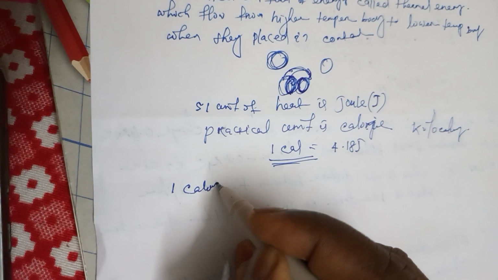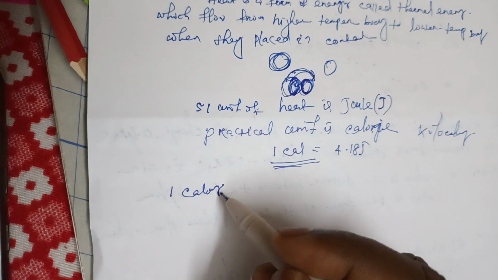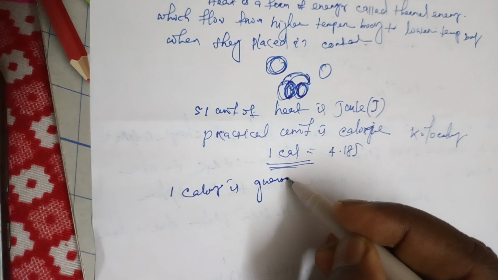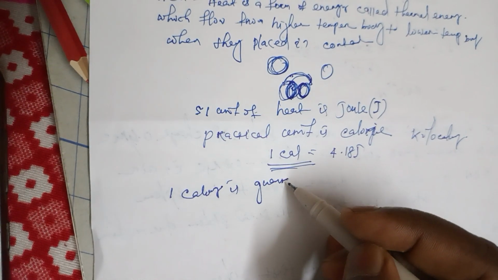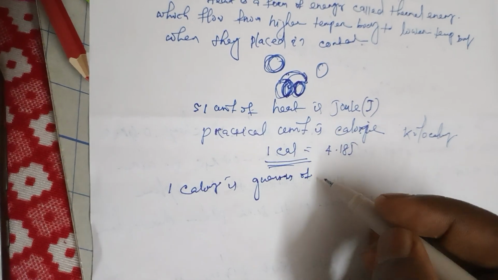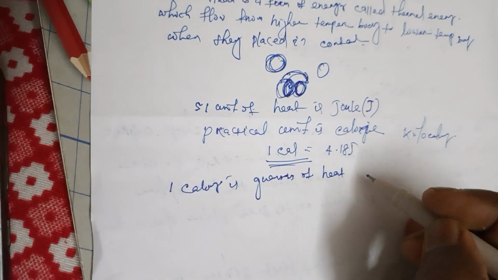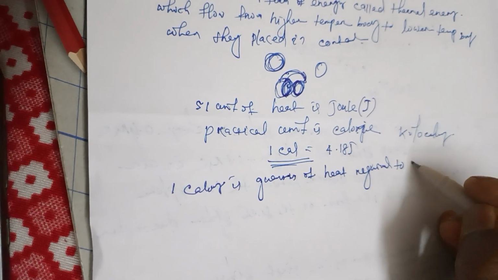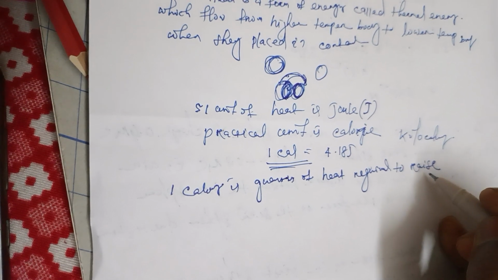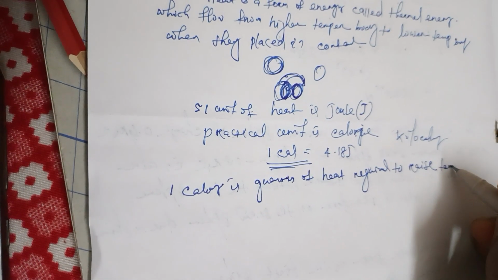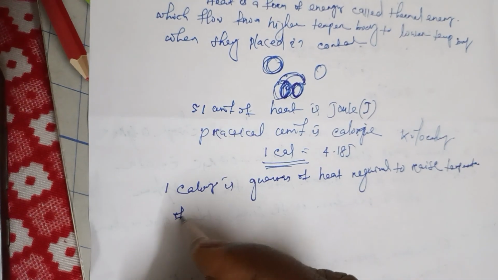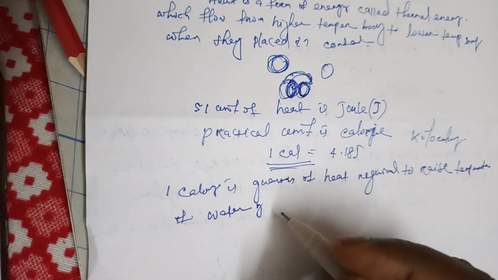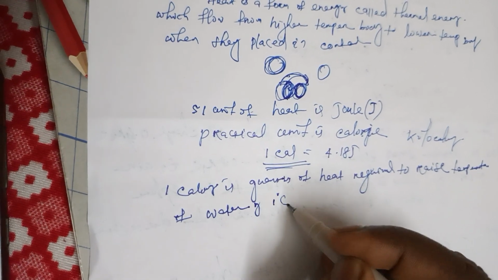1 calorie is the quantity of heat required to raise the temperature of 1 gram of water by 1 degree centigrade.